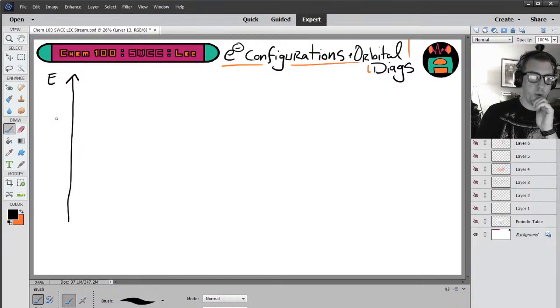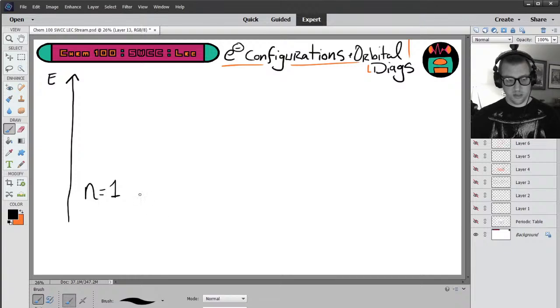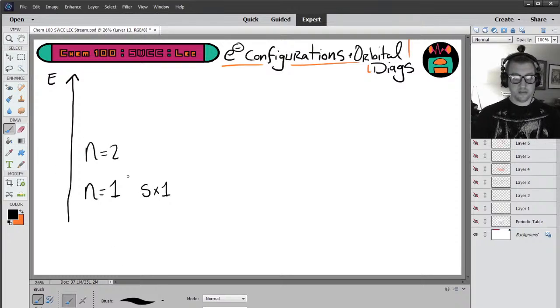So here's a y-axis with energy on it. On the first shell, when n equals 1, there is a single s orbital. When you move to the second shell, higher in energy, there is 1 s orbital and there are 3 p orbitals.